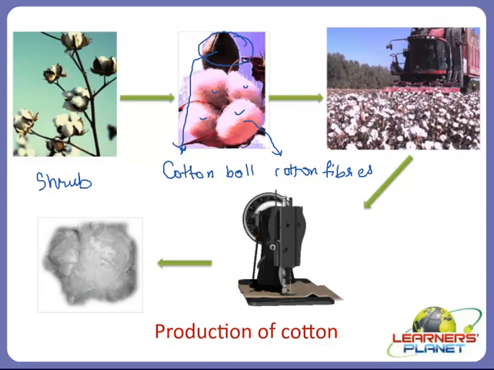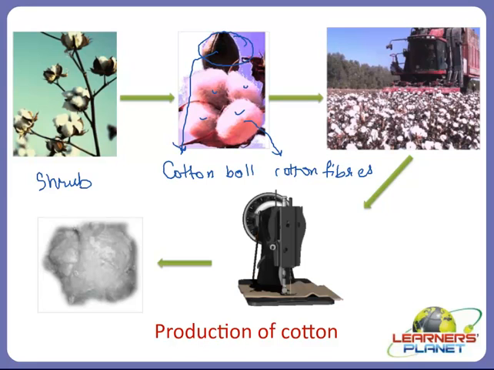Finally, what is done then? When the cotton ball matures, here you can see the field of a cotton plant, and here you can see white colored cotton fibers, and there are also small cotton bolls. So the cotton bolls are surrounded by these cotton fibers.